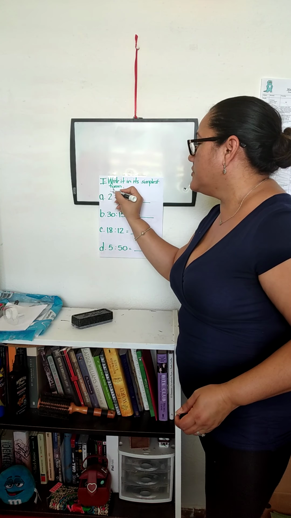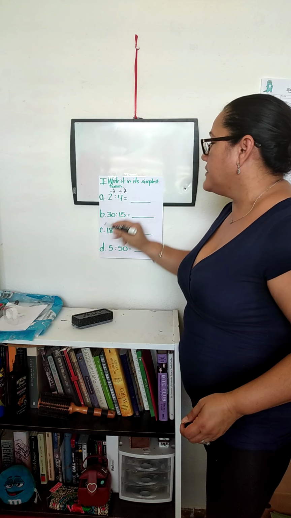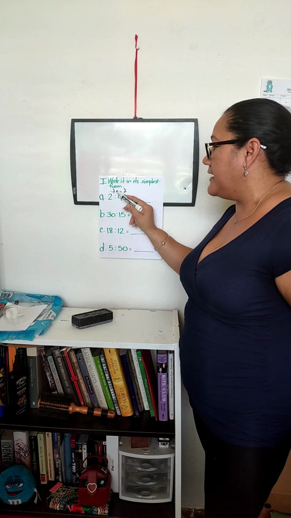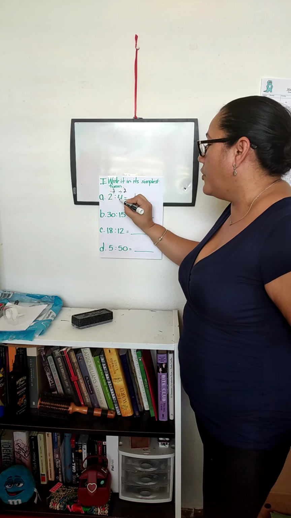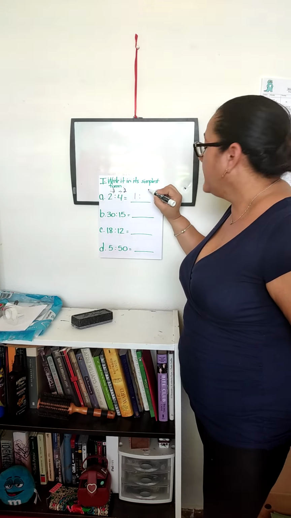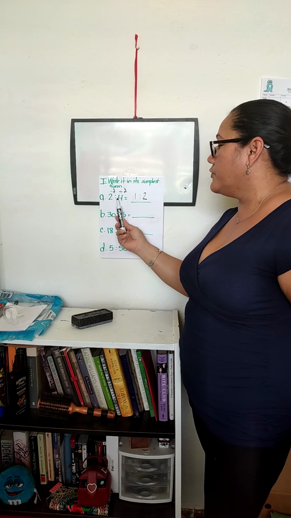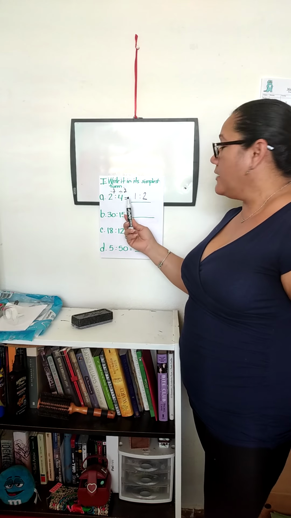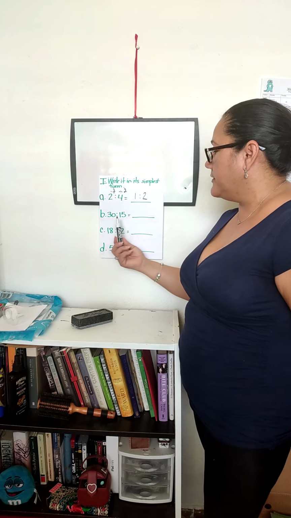And whatever I do to the first number, I'm going to do to the second number. So 2 divided by 2 will be 1 ratio, 4 divided by 2 will be 2. So now 2 ratio 4 equals 1 ratio 2, an equivalent fraction.